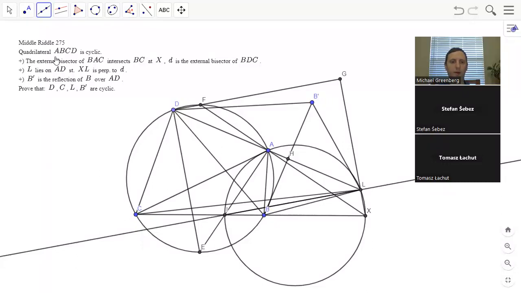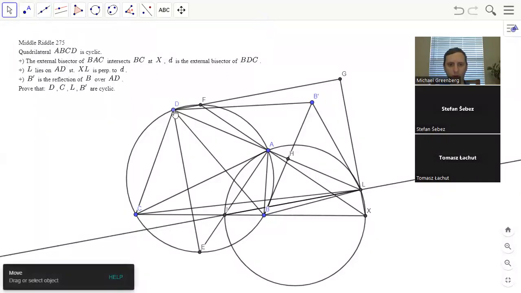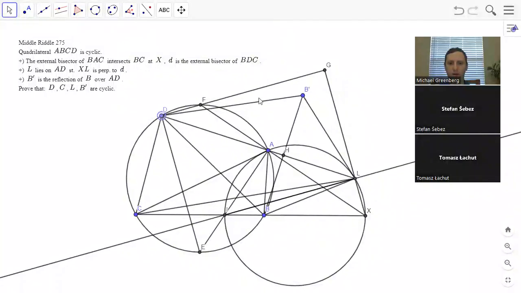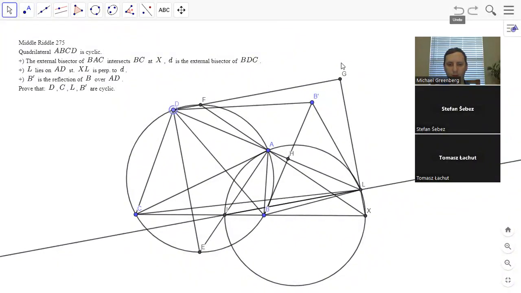Is LI perpendicular to AE? Maybe that's obvious. Looks like it. Yeah, because this is a right angle. Okay, so LI is perpendicular. We have kind of a rectangle here, EGL at this point.